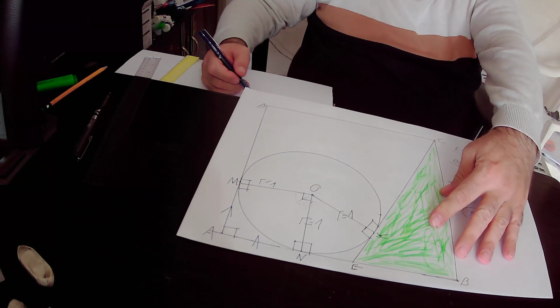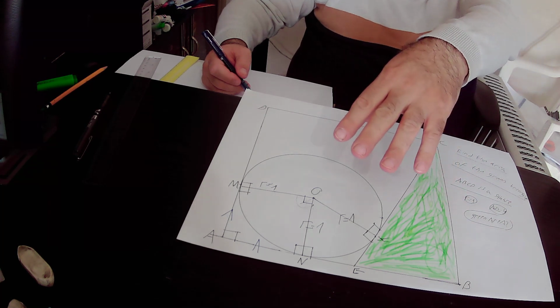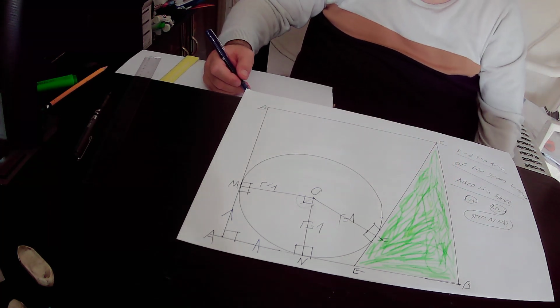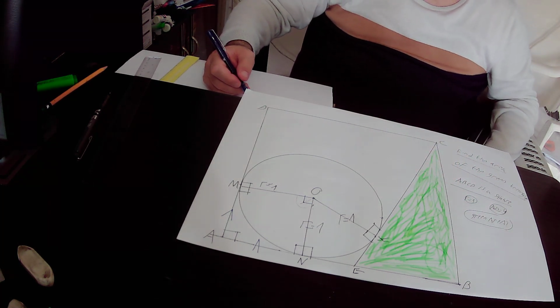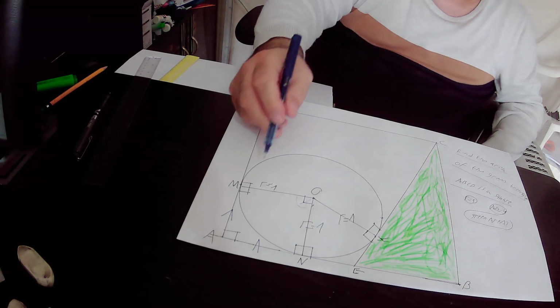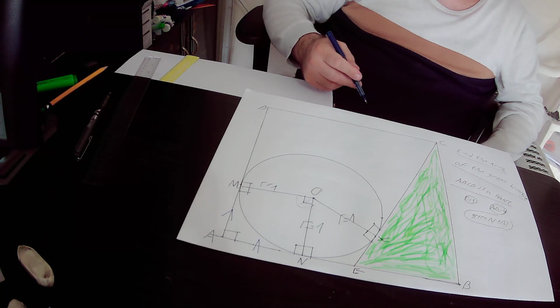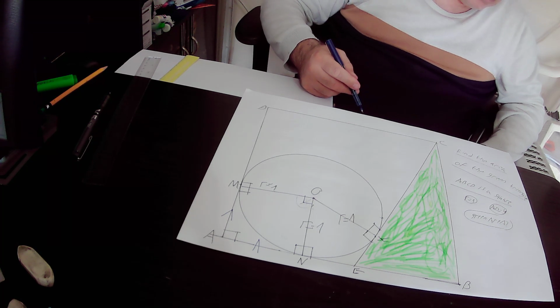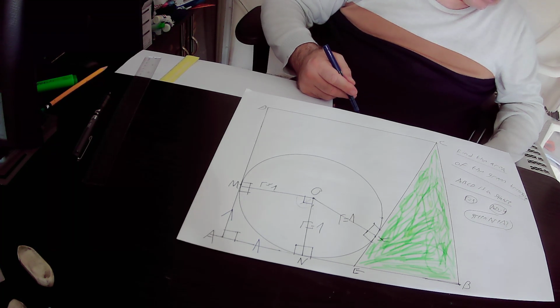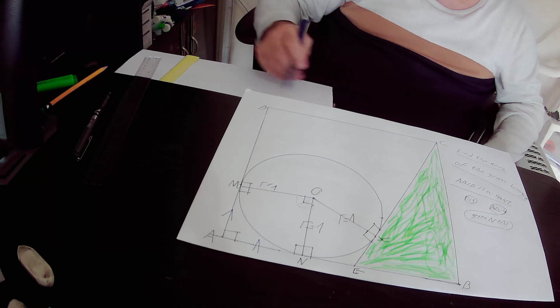So we actually found out that all four sides of rectangle MONA are equal to each other and they are all equal to 1 unit. And we also have rule number 5.